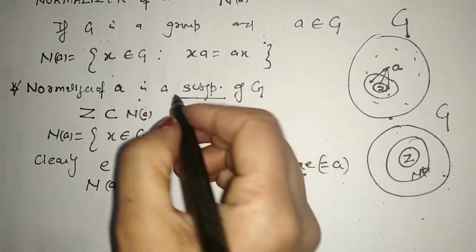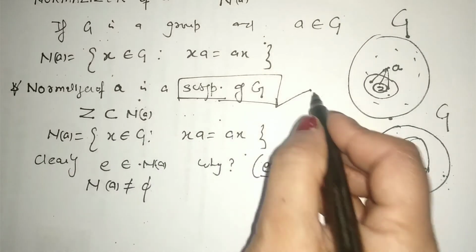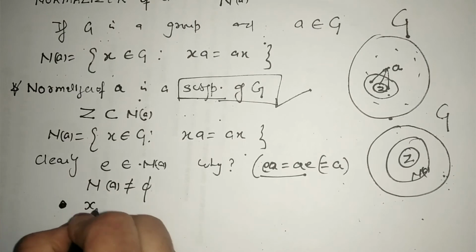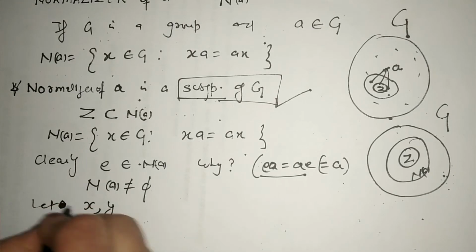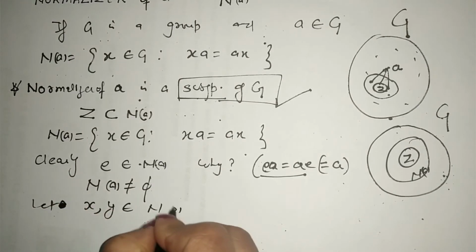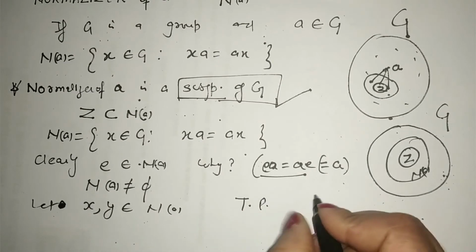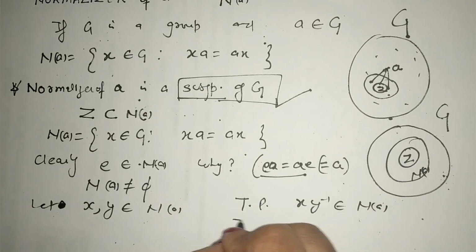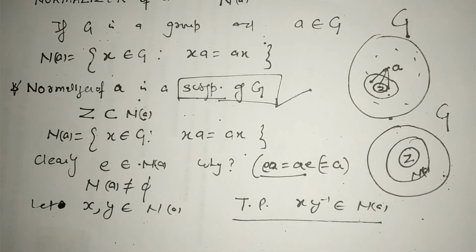So to prove it is a subgroup, again we have to do the same thing. We have to prove that if two elements X and Y we take, let two elements X and Y belong to the normalizer, we will prove that X into Y inverse also belongs to normalizer. This is the way of proving the subgroup.